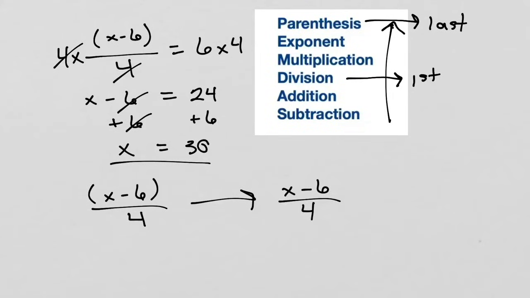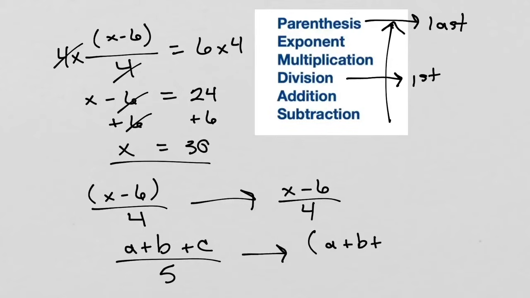So, a plus b plus c all over 5 is the same as (a plus b plus c) over 5.